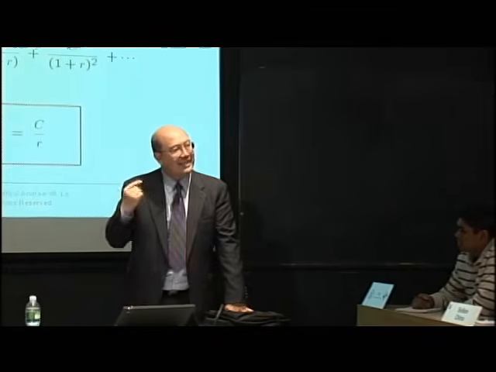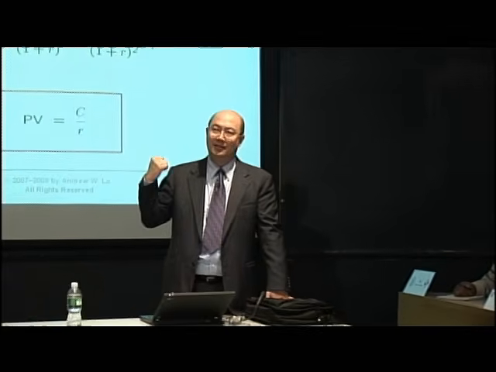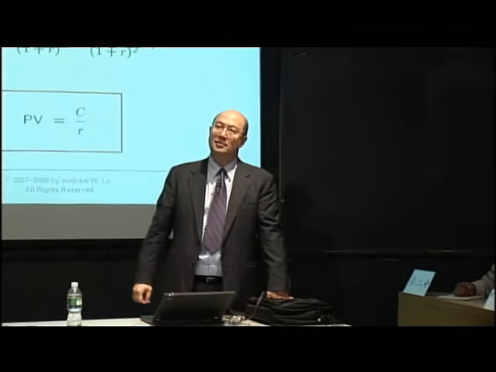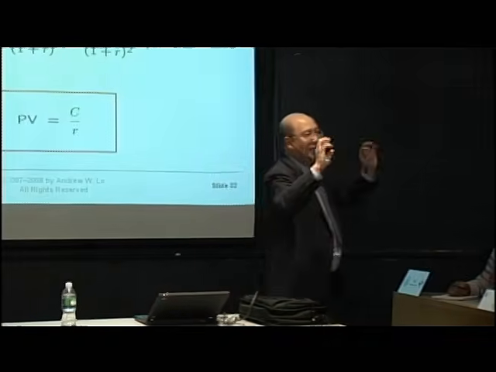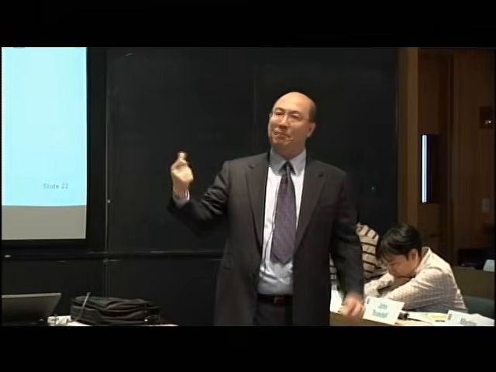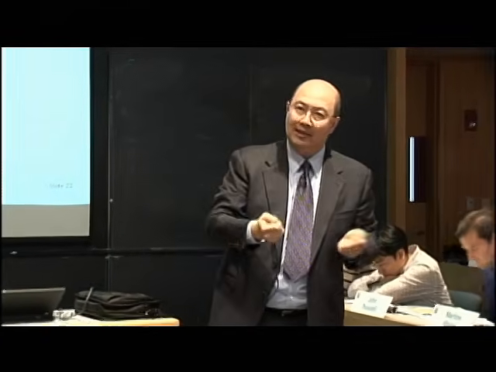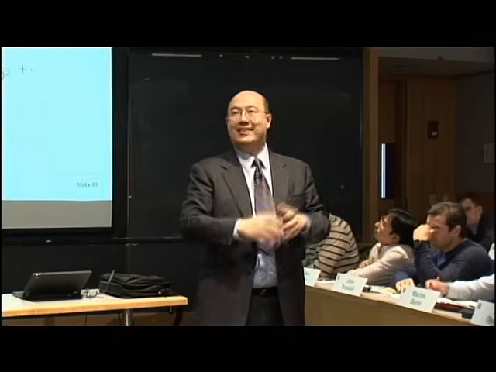If interest rates never change, then this security will never change in price. It will have absolutely no price growth. So here's an example where you buy a piece of paper. Let's say the interest rate is 10% and C is $100. You pay $1,000 today.